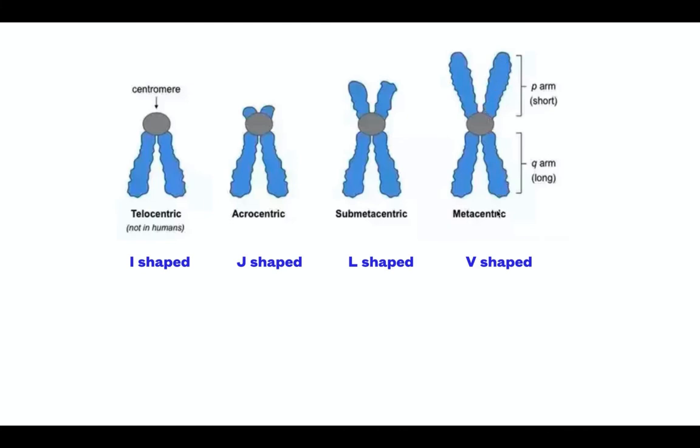So this is called metacentric, almost metacentric. This is L shaped, and this is J shaped. Acrocentric means the centromere is almost at the tip, but in telocentric, the centromere is at the tip, not almost but at the tip.